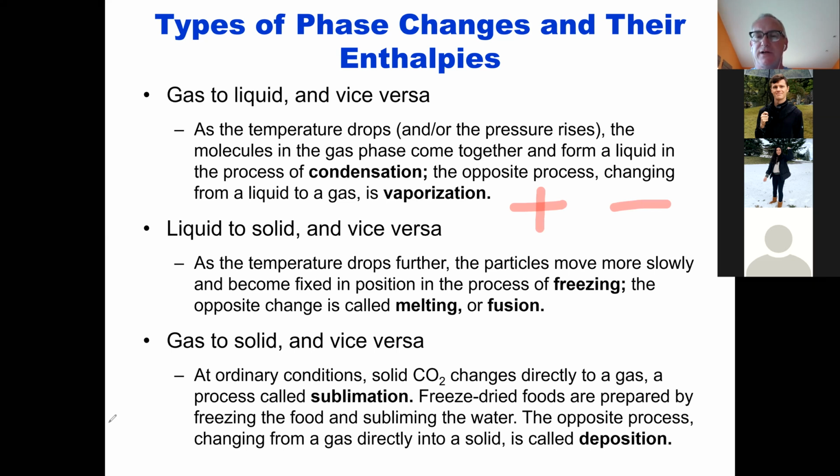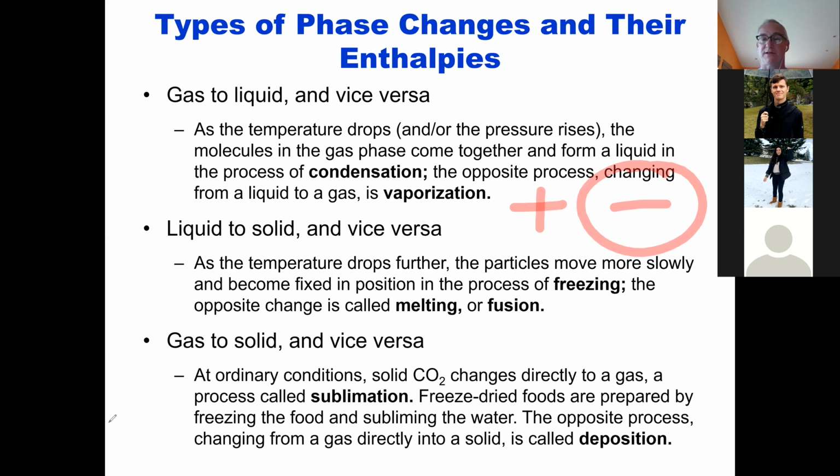Am I gaining energy or losing energy? Losing energy, right? It's going from a very rapid motion, with a lot of kinetic energy, and it's losing that kinetic energy, and so it's becoming more stable. It's going to lose energy, that's going to be exothermic.